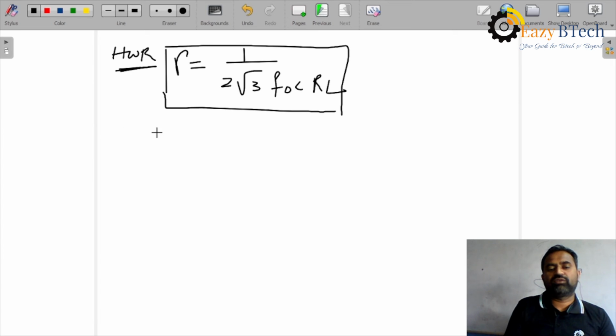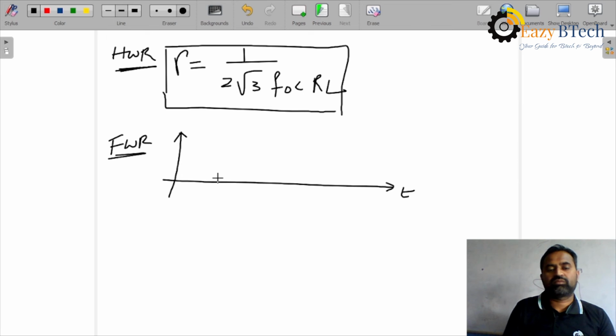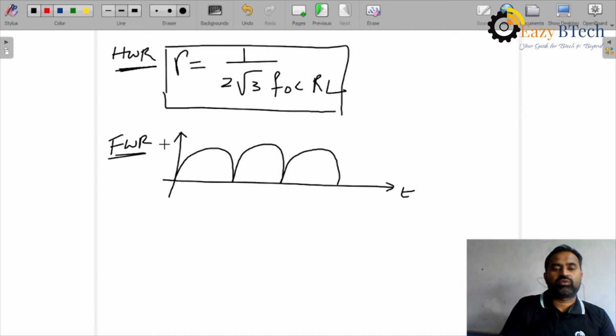Suppose you take a full wave rectifier. The capacitor will charge up to this maximum peak point, then it slowly discharges.